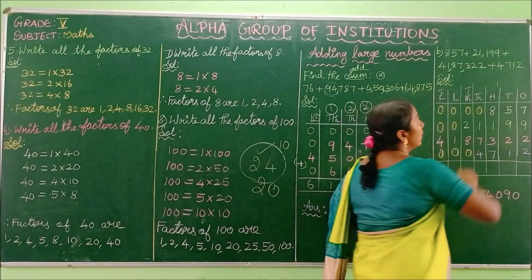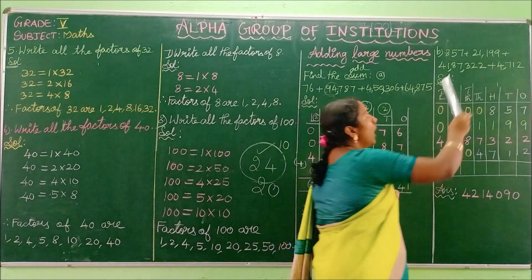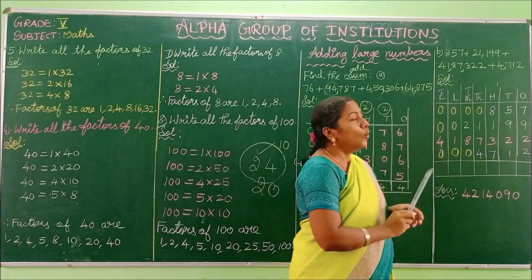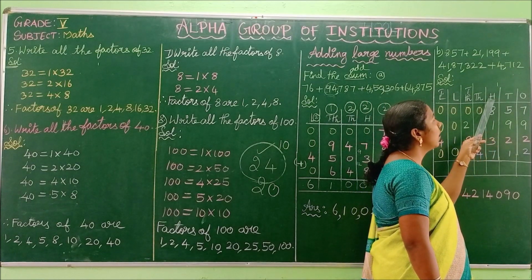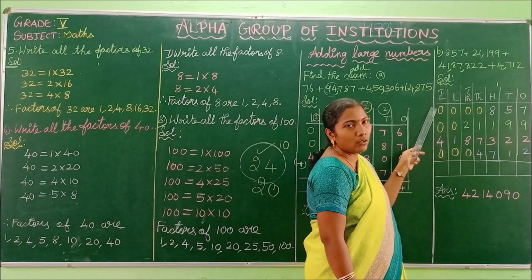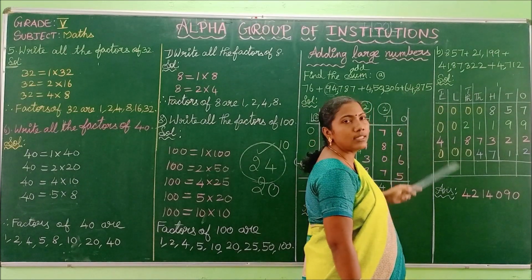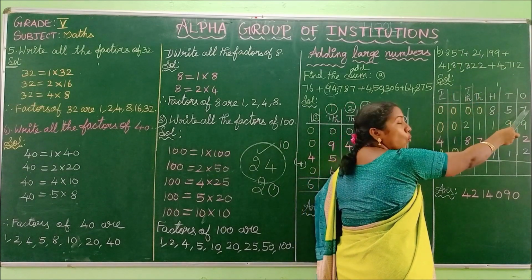87,342 plus 4,712. You have to add these numbers. Okay, once again you have to write the base values: ones, tens, 100, 1000, 10,000, lakh, 10 lakh. Okay, next we are going to arrange this number. First you have to write this number 7 in the ones place.